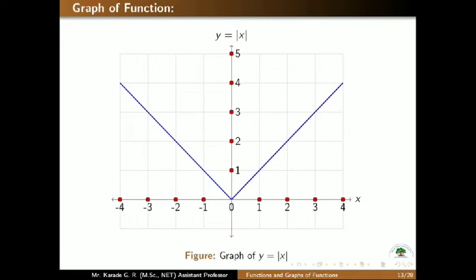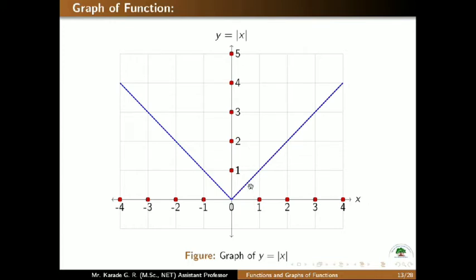It is a positive function. So the function has only positive values. As mod x is the absolute value function, it gives a positive value for any input of x.